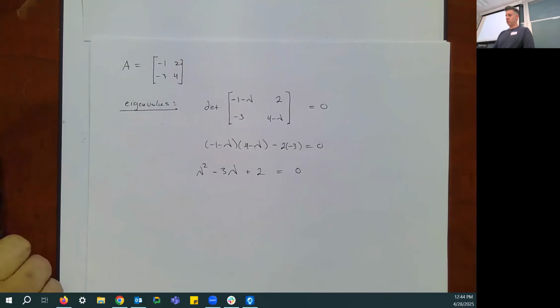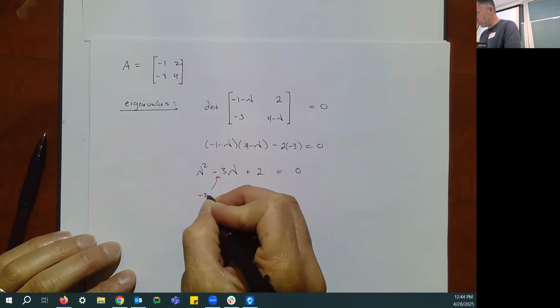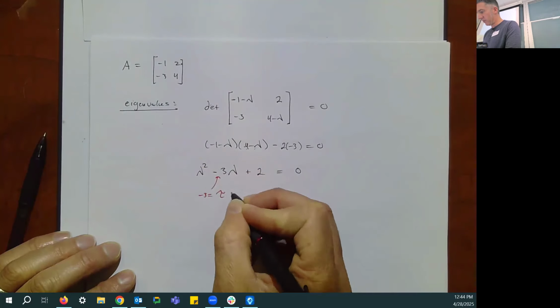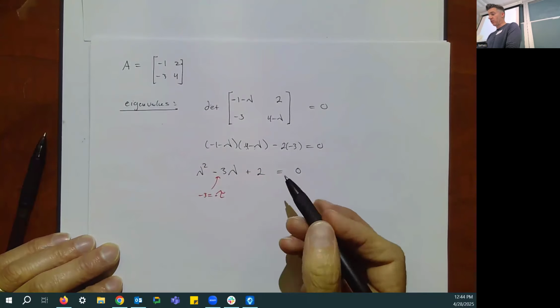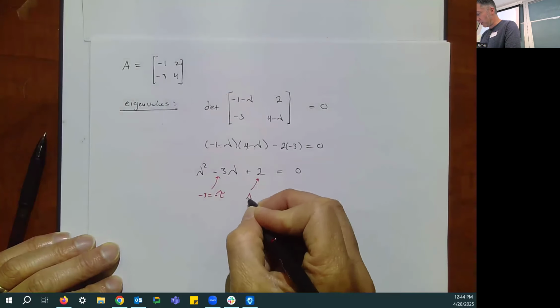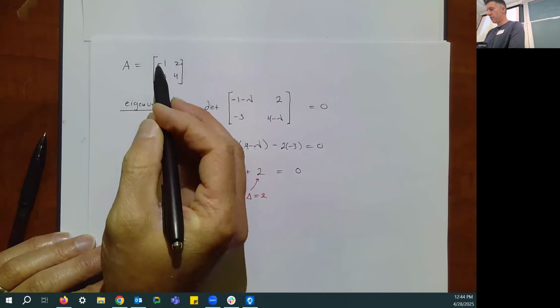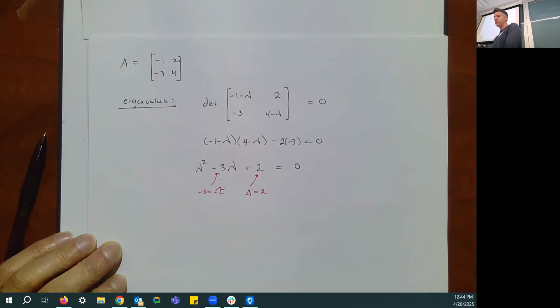I will point out, just so everyone can see it, that -3 is equal to the negative trace of that matrix. 3 is the trace, -1 plus 4. And +2 is the determinant of that matrix, -4 minus -6. So you could do it that way if you wanted to.